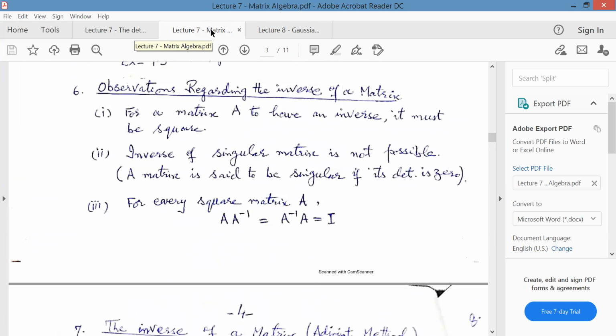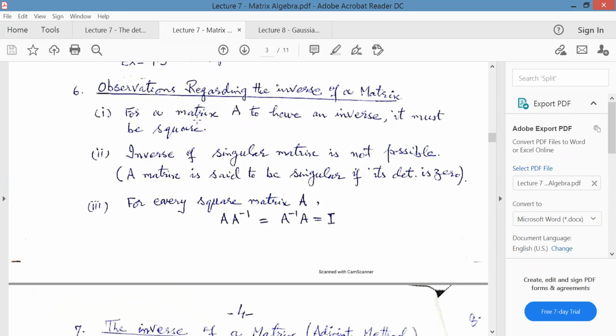The points, gentlemen, which I explained last time, that observation regarding the inverse of a matrix, when it is possible: there are three conditions for a matrix to have an inverse. It must be square.